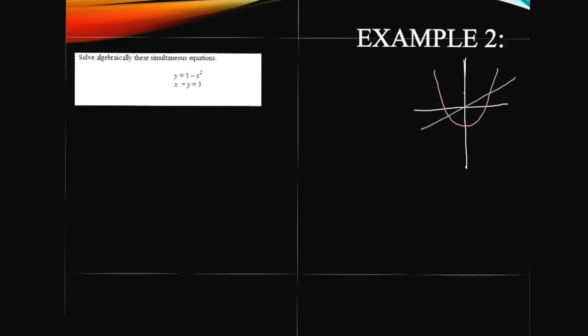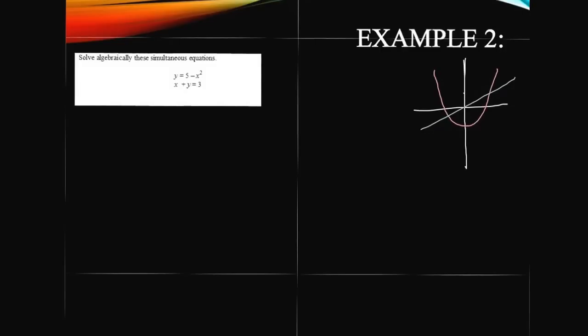Now if we've got a curved line and a straight line, what I want you to appreciate is that you could have the situation where you've got something like this, and we're going to have the possibility that we've got two different places where these two graphs meet. Remember that with simultaneous equations, what we're trying to do is find out where the equations of these two lines cross. So it could be that we end up with this sort of situation here.